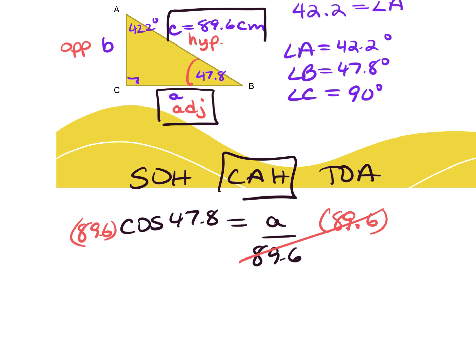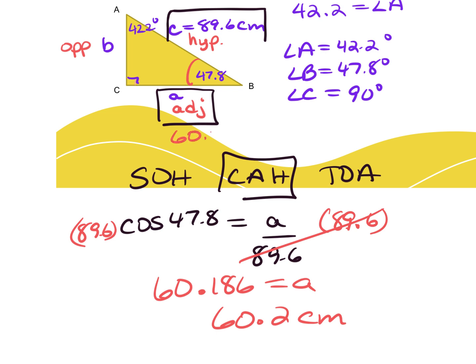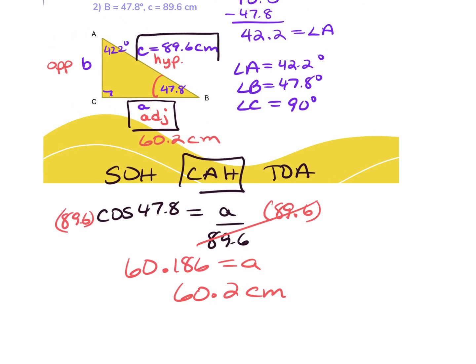So once I do this, I get 60.186. It's going to keep going. So 60.2 centimeters is going to be the length of this adjacent side. So 60.2. And now I'm going to do sine to find little b.